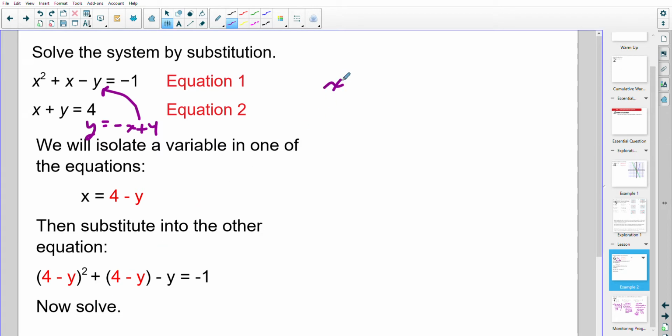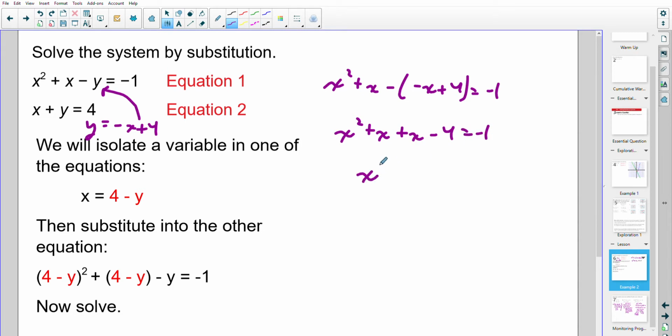So then it would be x squared plus x minus, in big parentheses here to remember to distribute the negative sign through. And then you'd have something like this, and combine like terms, add 1 to both sides, and now you would factor.